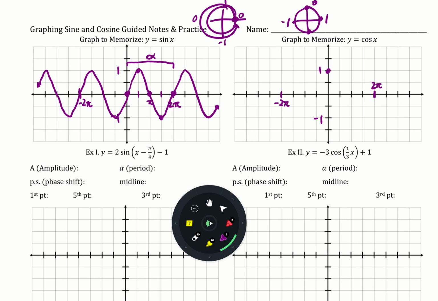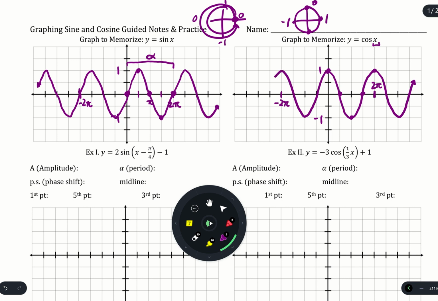Cosine is the x coordinate, but on this graph, the input is radians. So anyway, cosine value starts at 1, then a cosine value of 0, cosine value of -1 at pi, cosine value of 0 at 3 pi over 2, and then 1 at 2 pi. So those are my 5 points, 5-point method: 1, 2, 3, 4, 5. And it's cyclical, so it just repeats over and over and over again. So memorize those.